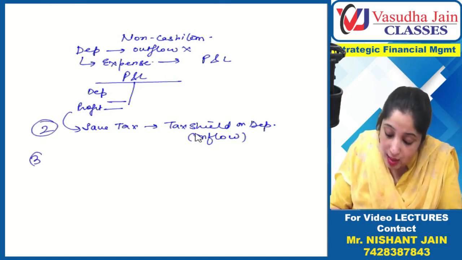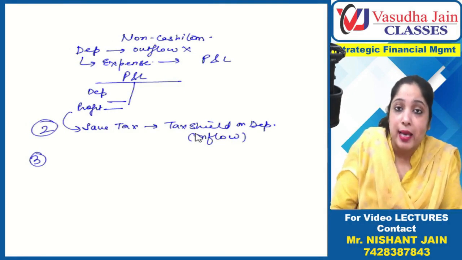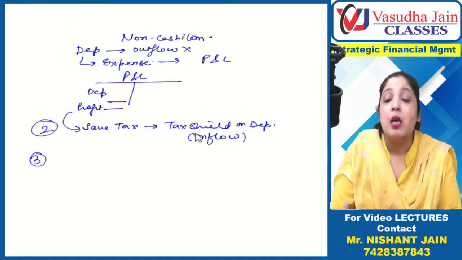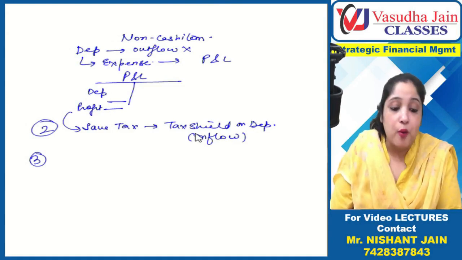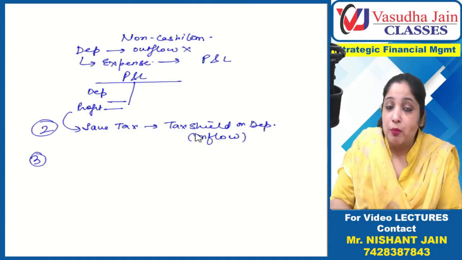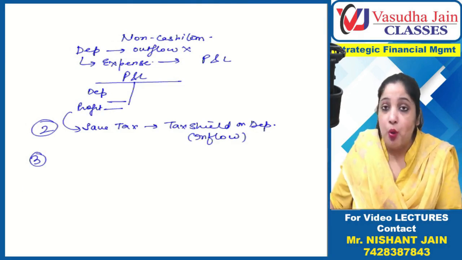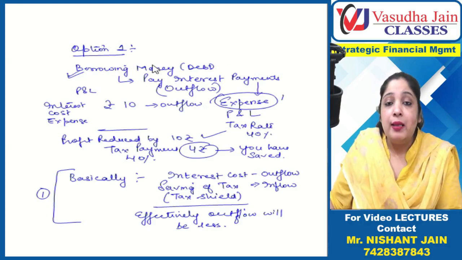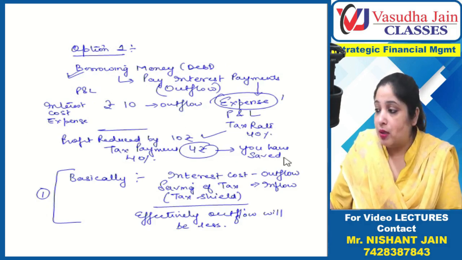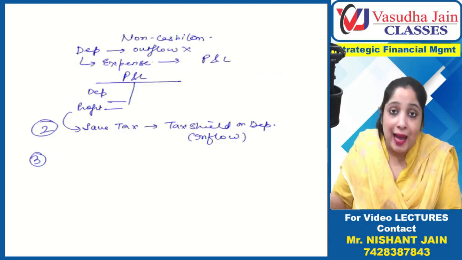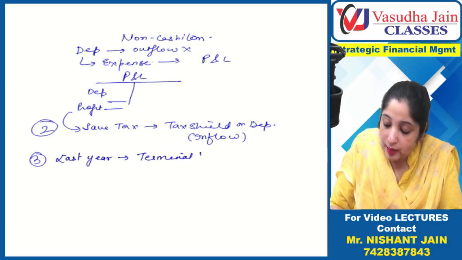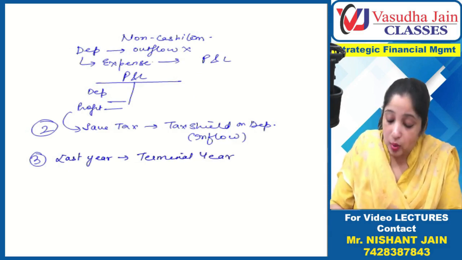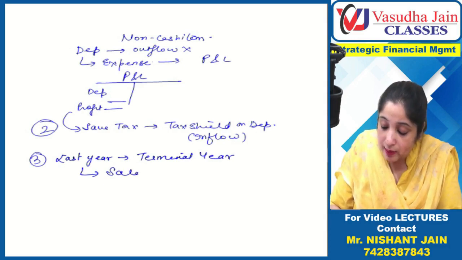Then the third focus, I'm just trying to tell you the focus areas. Once we start doing the questions, you will be able to understand much better. Now the third area that we are going to focus on is that this machine belongs to you, because in the first option you are the owner of the machine. Now when the last year of the machine comes, when the machine becomes scrap, that last year will be called the terminal year. In the terminal year, since you are the owner, you can sell the machine.